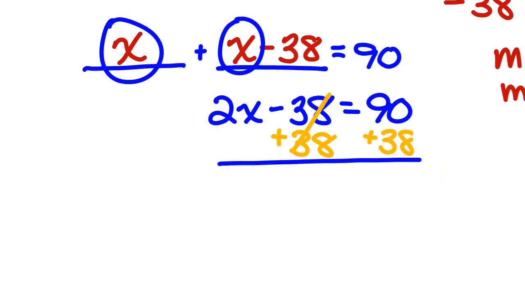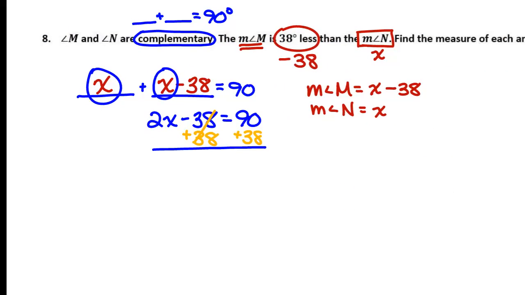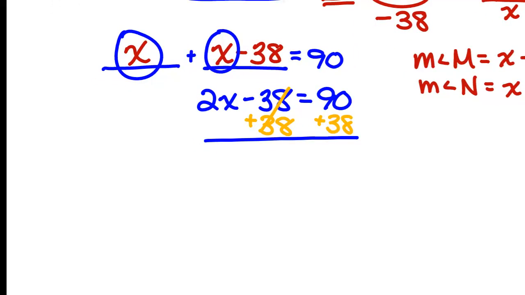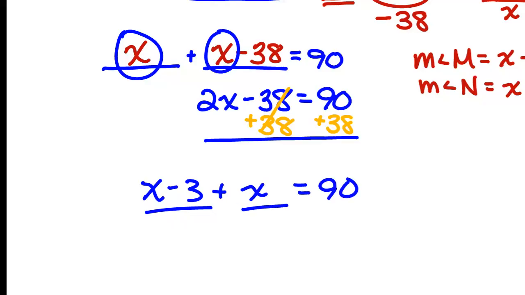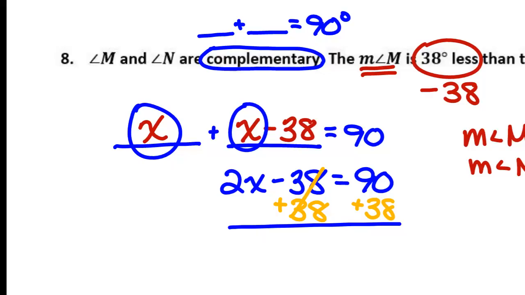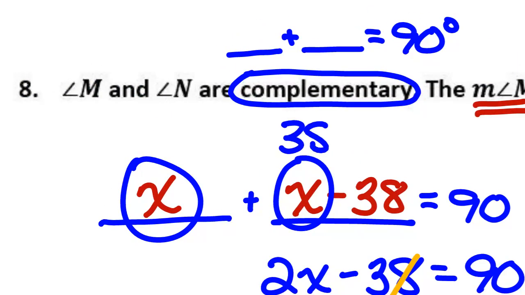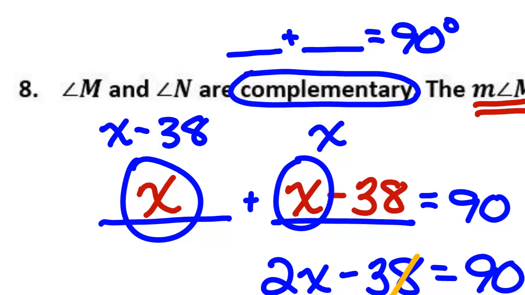Could you do the minus 38, and where did you get the X? Lyndon's question and then Samaya's question. Could you do X minus 38 and then plus X equals 90? Yes, you can do that. No, for the one in the red, you move the 38 before the X and take away the minus and then add a plus for the X. Are you saying can we have this 38 minus X?